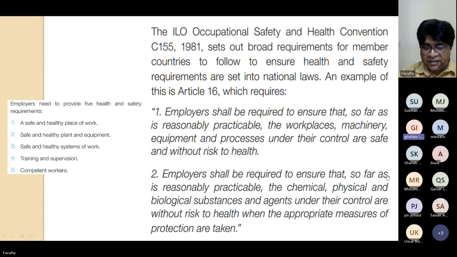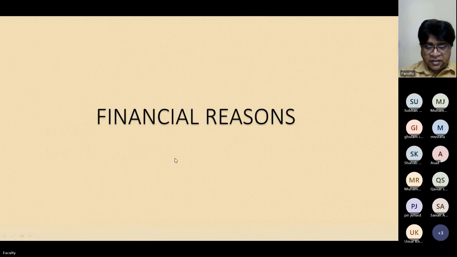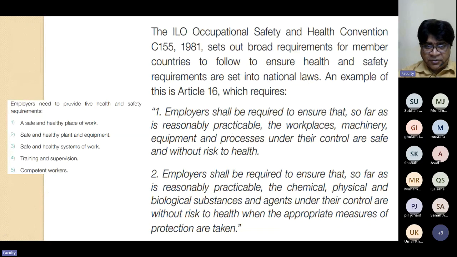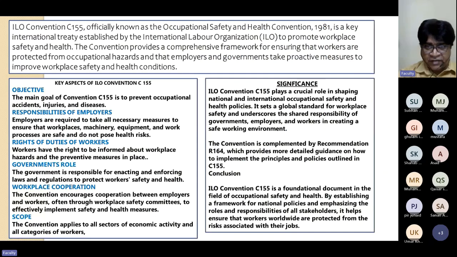Right. So now, I discussed C155 and R164. You can also go to the internet, download these two documents and study them. You will get a brief idea. If you are not able to understand one or two words or sentences, you can come back to me tomorrow.